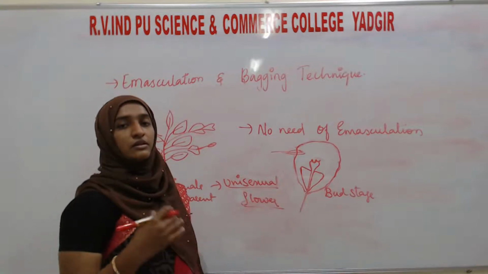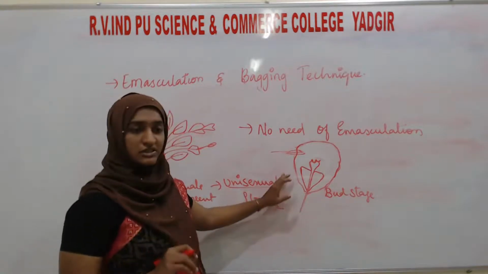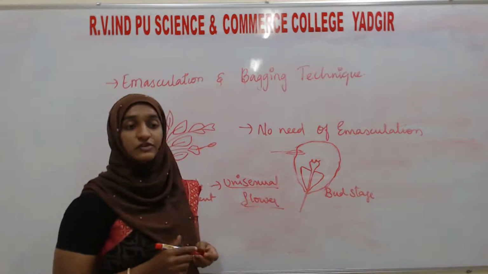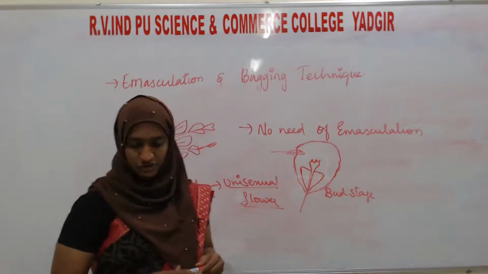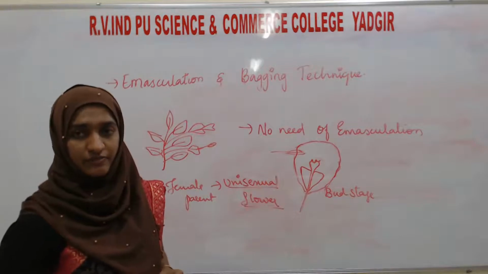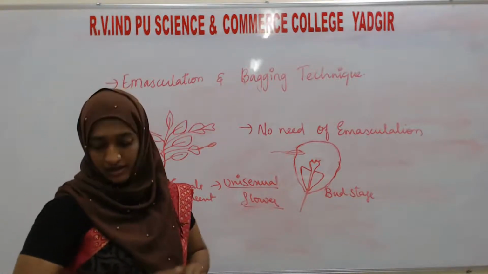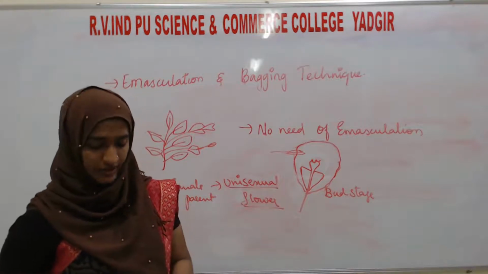In this way, the post-pollination events take place. We can say this process is artificial hybridization. Okay. The next topic in this chapter is double fertilization, so let's see about that one.